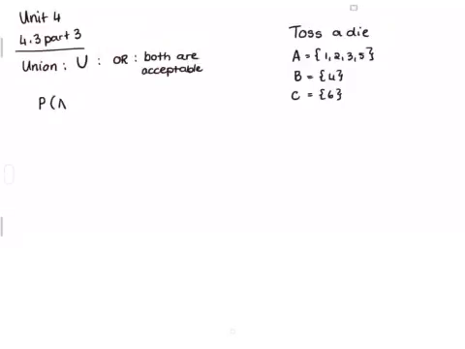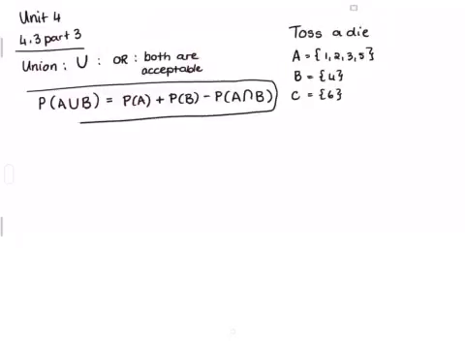Here's a general rule for union, and this is for any events. The probability of my solution coming from A or B, of my outcome being either from A or from B, is the probability of getting A plus the probability of getting B minus the probability of getting A and B. This is my general rule.